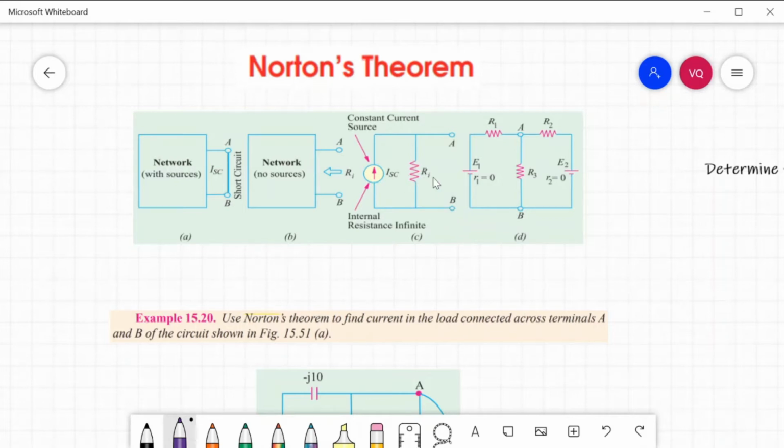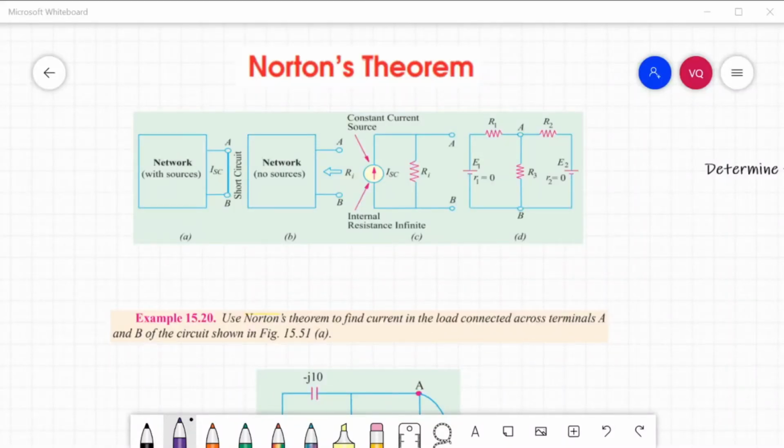So our RN and the ZN will be in parallel. Now you are ready to solve the current flowing in terminals A and B by using the current divider theorem. So IL now will be equal to ISC multiplied by ZL divided by the total impedance, which is RN plus ZL.